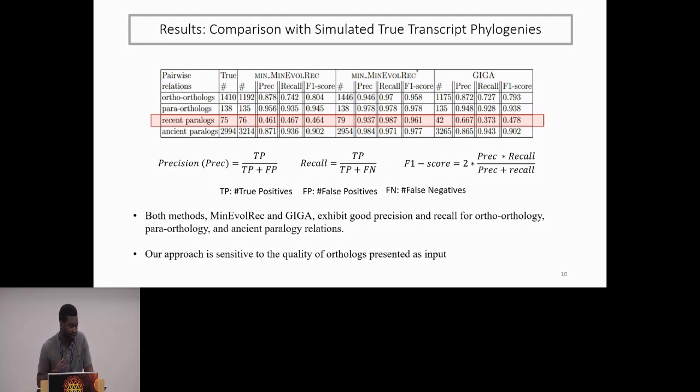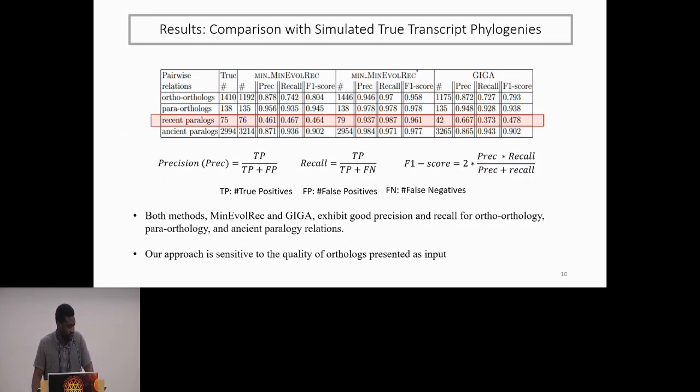Giga is mainly dedicated to reconstructing gene trees, but given a multiple sequence alignment as input and also a gene tree, Giga can compute a transcript tree. So we use Giga to make a comparison with our simulated dataset, and we compare the pairwise homology relations inferred by our method and those inferred by Giga.